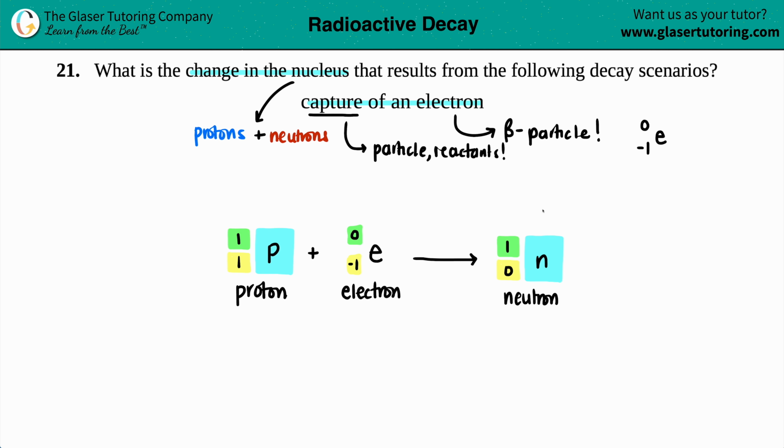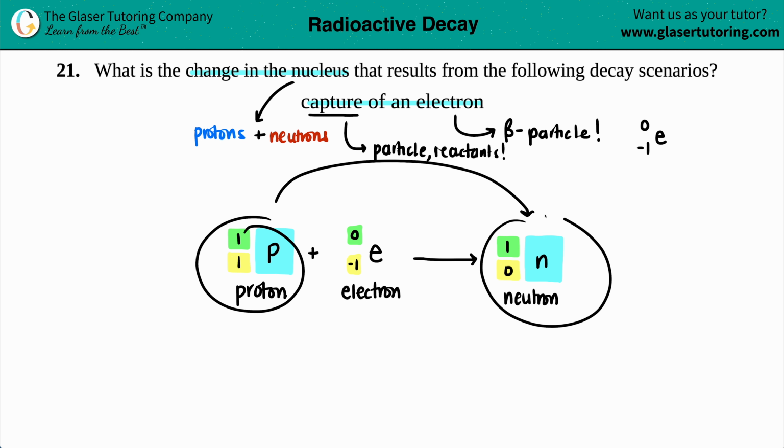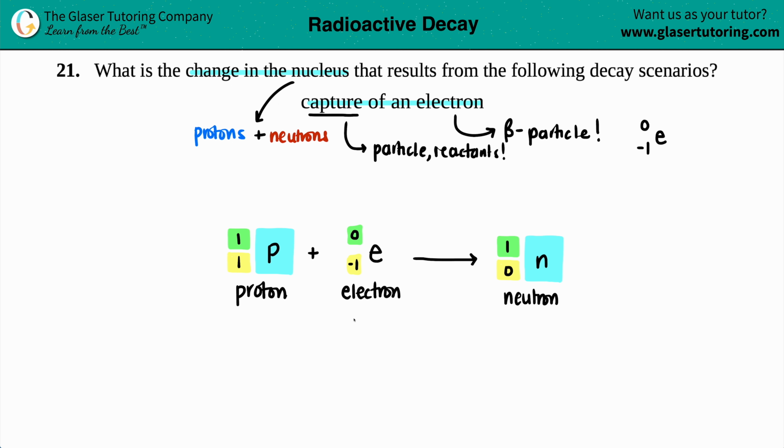But now we just have to say our answer in terms of words. So what's going on with the nucleus? Seems like you're taking a proton and converting it into a neutron. That's basically what's happening when you capture an electron. When the electron is being withheld, the proton is going to turn into a neutron. So we'll say the proton converts.